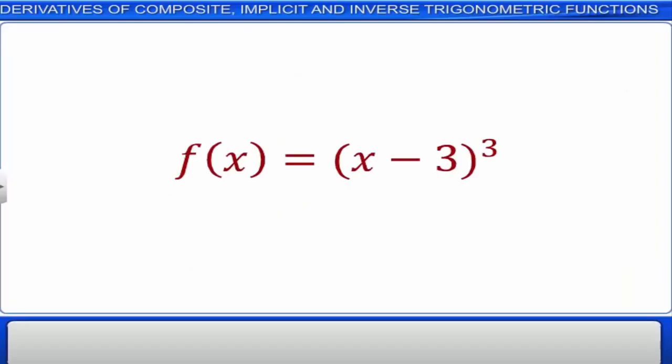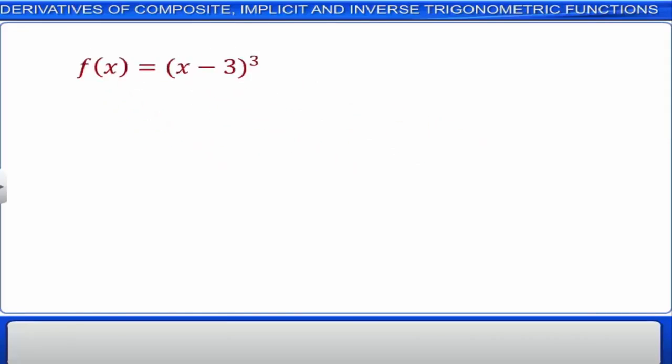Let's find the derivative of the function f(x) = (x - 3)^3. First, we'll expand the expression using the binomial expansion and then find the derivative of each term.